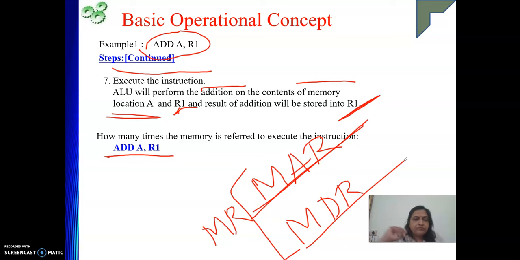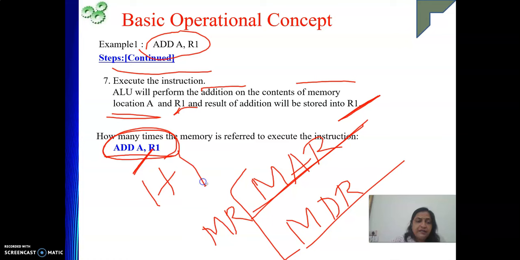Understand now? So while executing this instruction, how many times have we referred to memory? One, without thinking anything, at least one, that is for getting the instruction. And the second one is to get the operand from memory location A. Do you require any more? No, because the result is stored in R1.